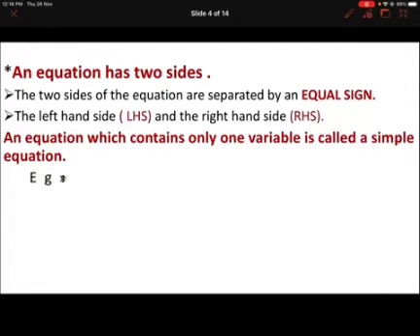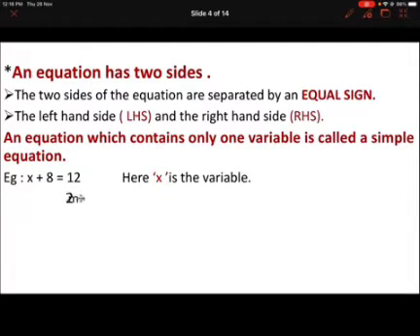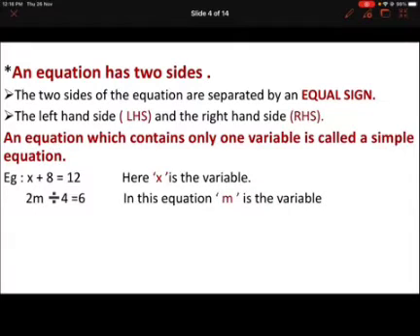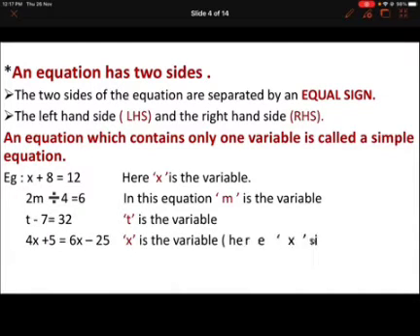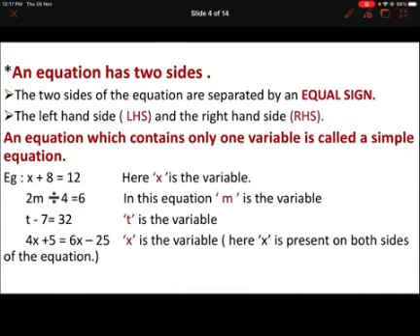Okay? Next. Now you can see in this example, x plus 8 equals 12. x is the variable. Okay? Likewise, 2m divided by 4 equals 6. Again, m is the variable, so I can call it simple equation. t minus 7 is 32. t is the variable. 4x plus 5 equals 6x minus 25.